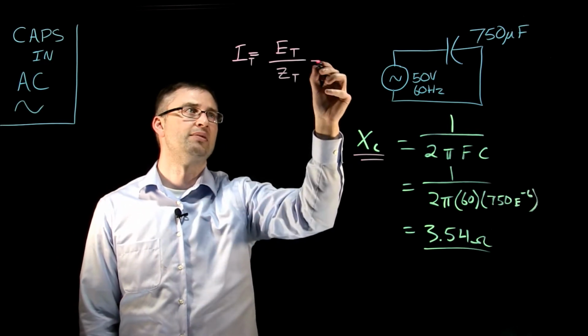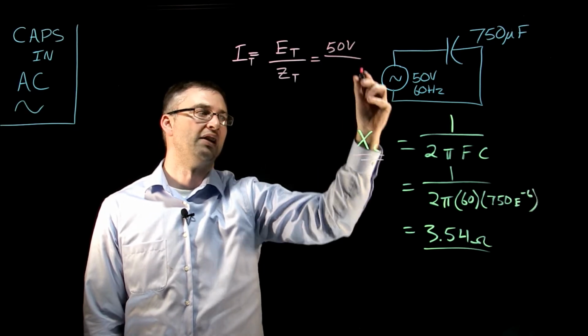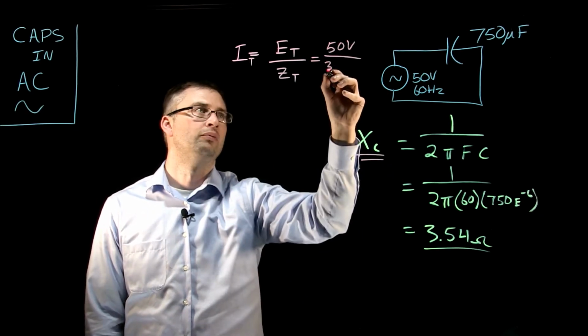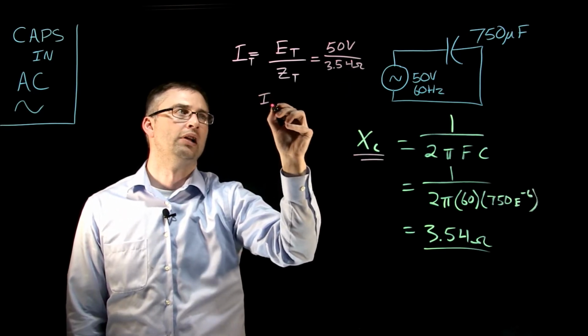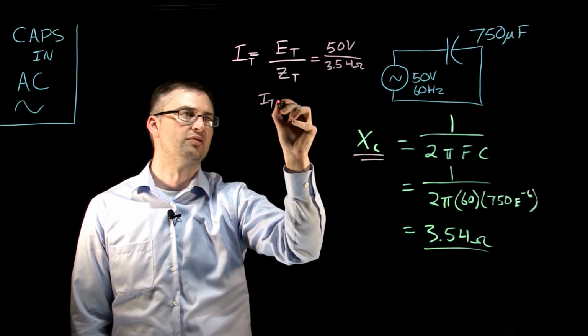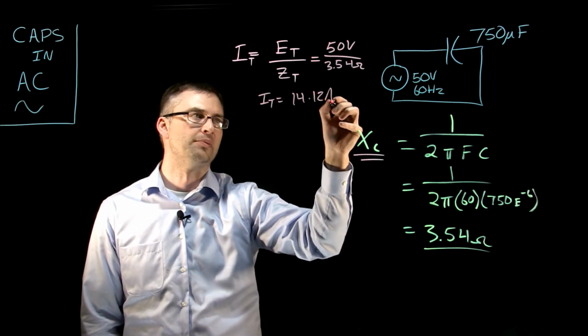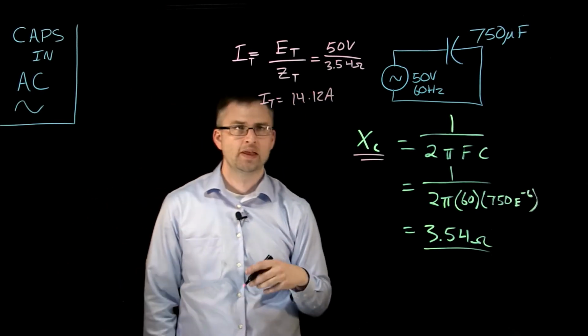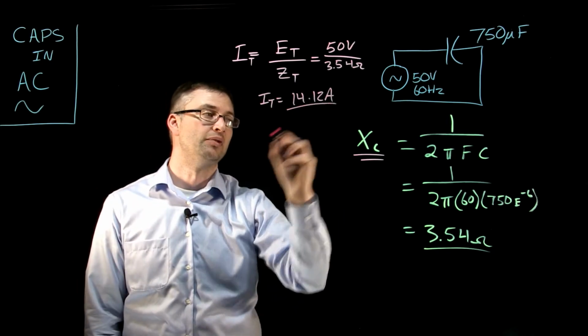And so we'll just simply punch in the numbers here, and we have a 50 volt source, and we have a 3.54 ohm capacitive reactance. So we get an I total of 14.12 amps. All right, so that is it is what it is. It's a value of current, and I believe we're good.